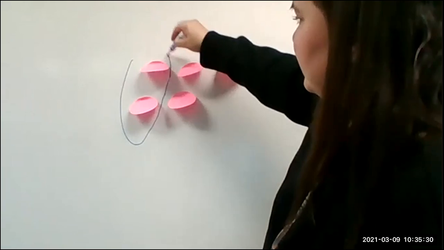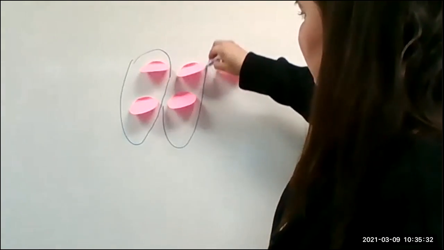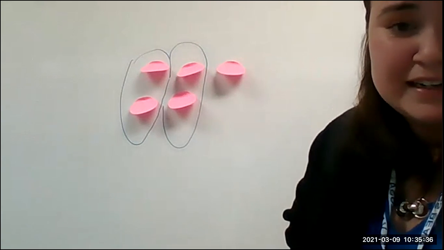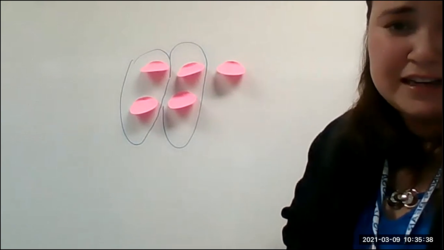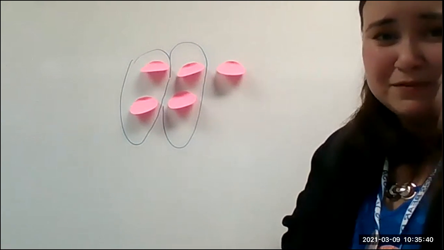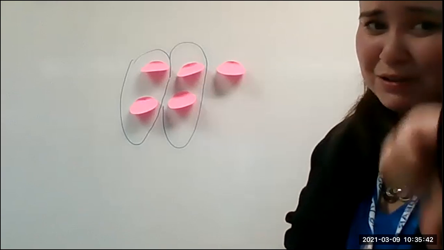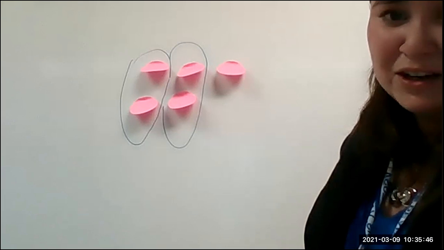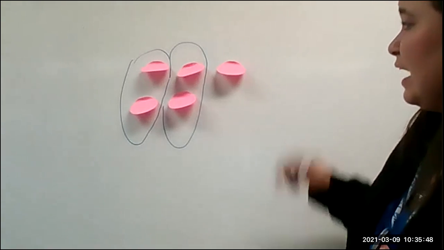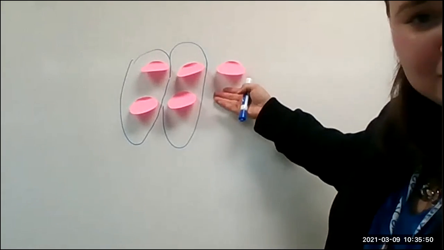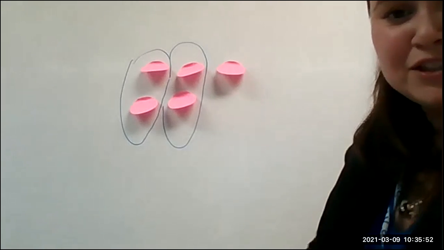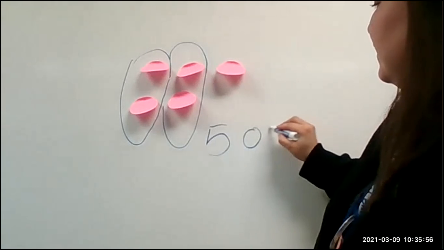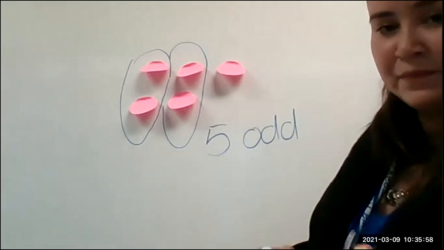So I have 1, and I have 2. Do I have any left over that don't have a partner? Thumbs up if I do have some left over, thumbs down if I don't. Good job, friends. I do not have a partner for this friend right here, which means that number 5 is an odd number.